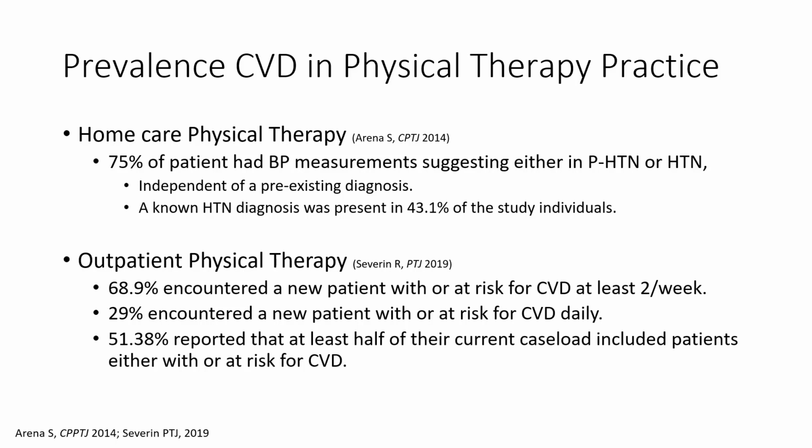She found that 75% of patients in home care physical therapy had blood pressure measurements suggesting either pre-hypertension or hypertension, and it would probably be even higher for pure hypertension because the guidelines have shifted. We actually have a lower cutoff for hypertension diagnosis. But either way, pretty shocking, right? 75%. So it's something you're going to see pretty commonly.